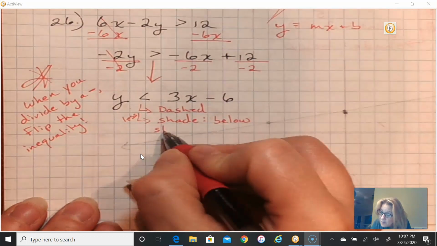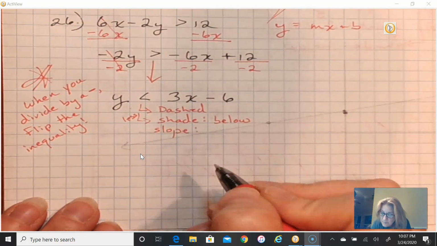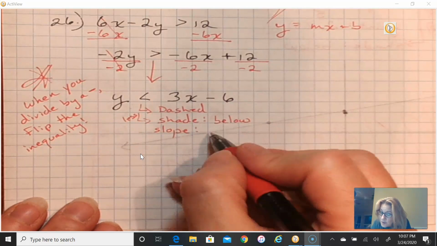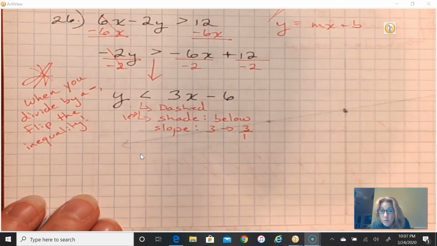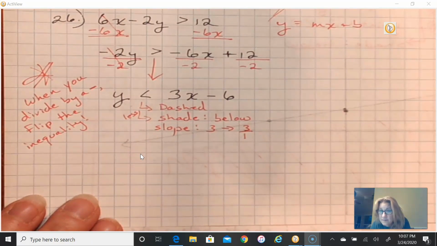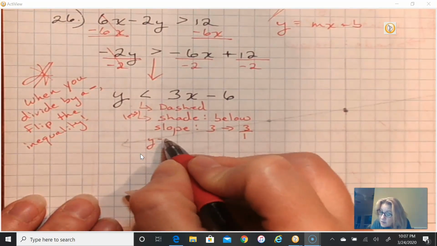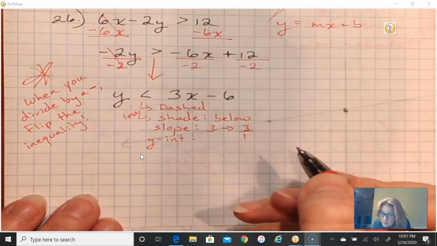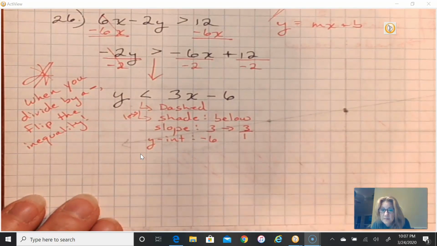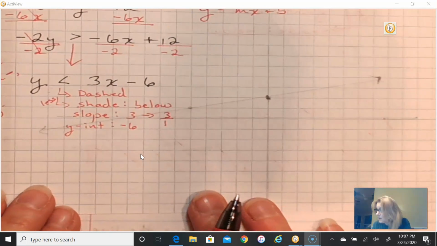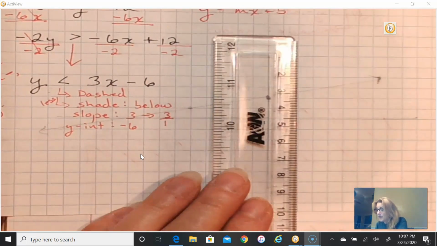What is the slope? It's 3. But we want to make it 3 over 1 for that rise over run. The y-intercept is negative 6. Okay, over here to the right, I'm going to graph it.